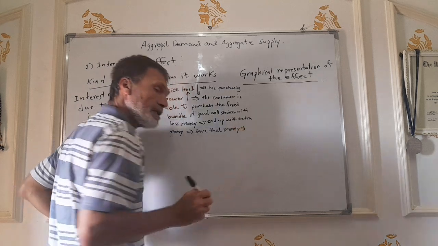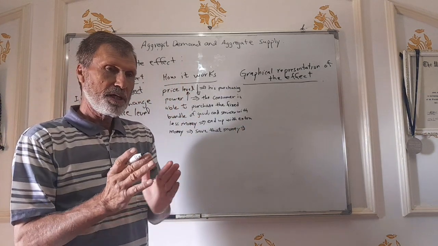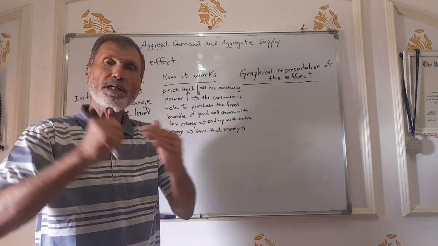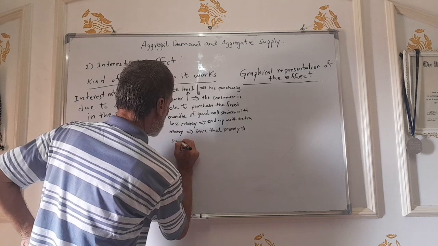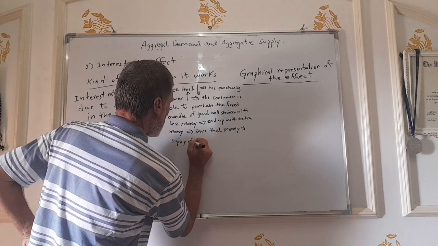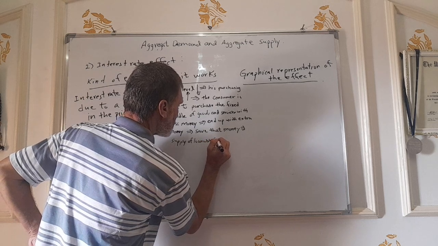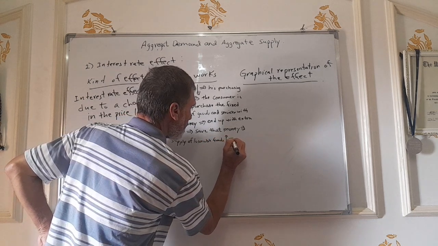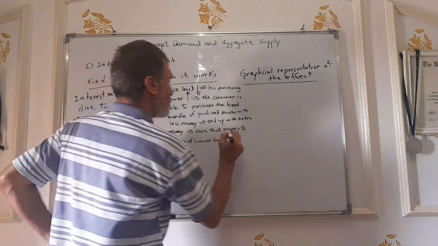So with simple demand and supply analysis, you notice that when he saves the money, that means the supply of loanable funds will increase. This implies the supply of loanable funds increases, which implies the price of credit, which is the interest rate, will go down.